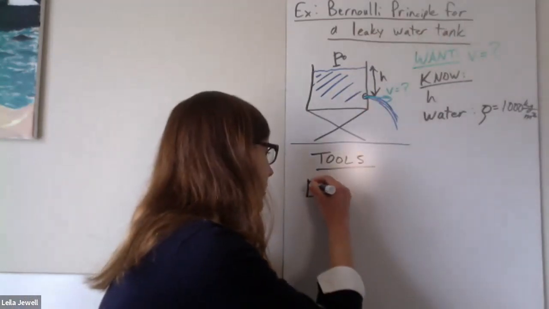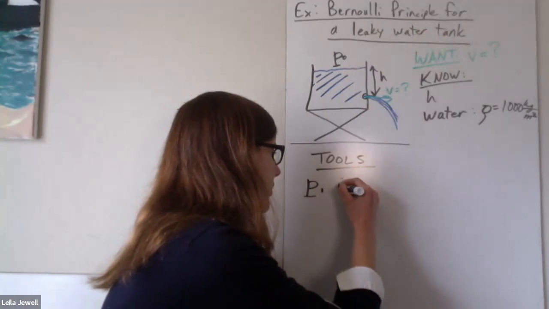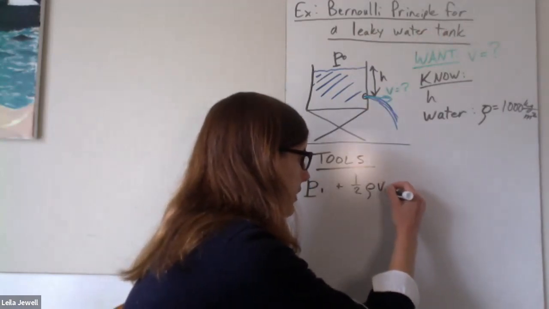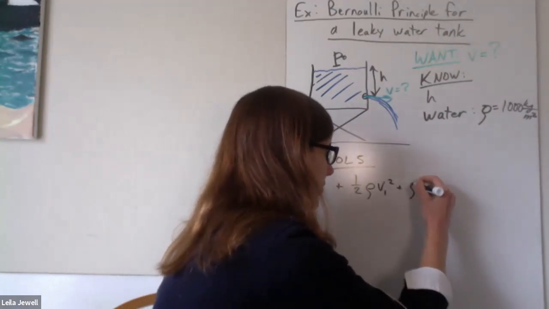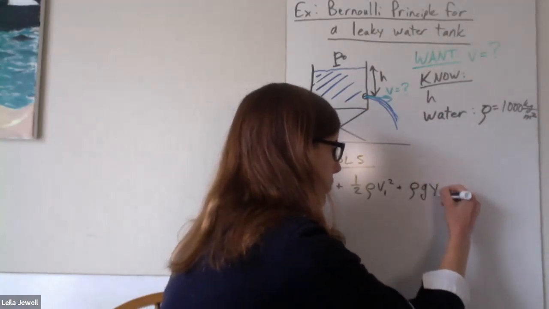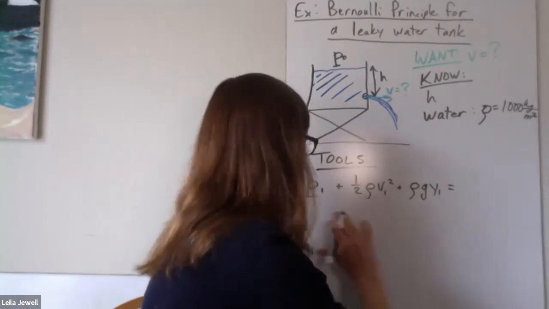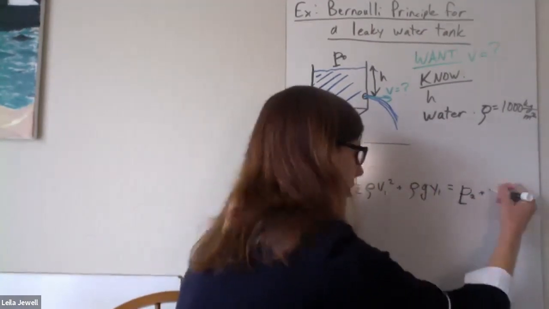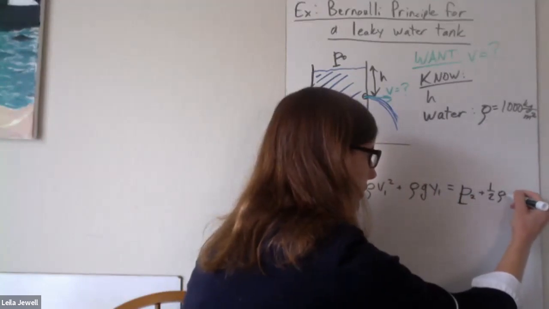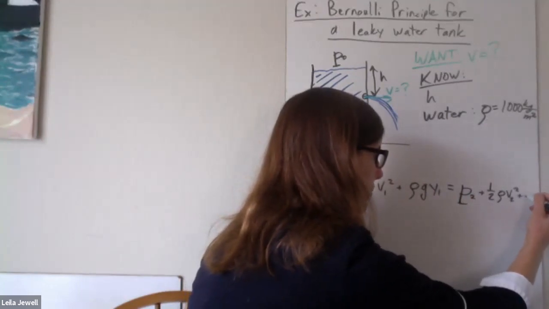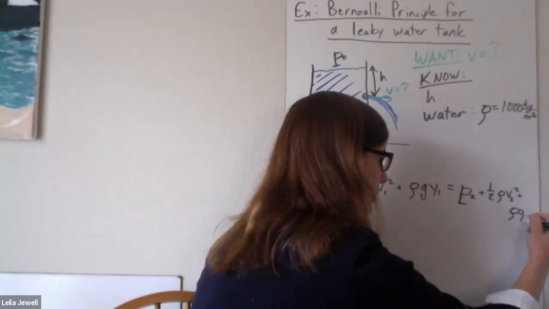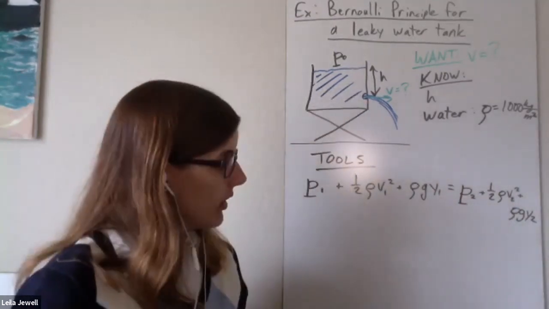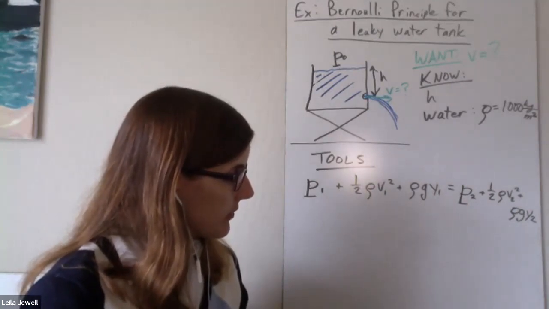So the pressure at one point plus the kinetic energy density, 1/2 rho v1 squared, plus rho g y1 is equal to all these same quantities with a 2. So pressure 2 plus 1/2 rho v2 squared plus rho g y2.